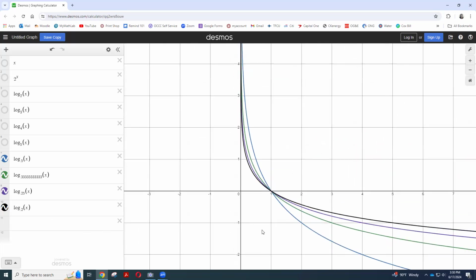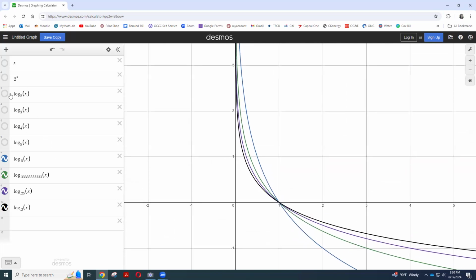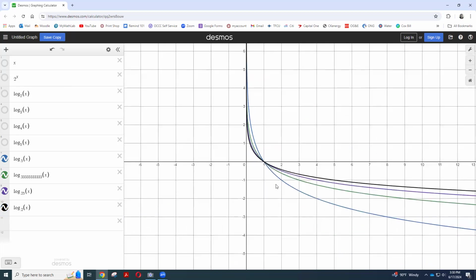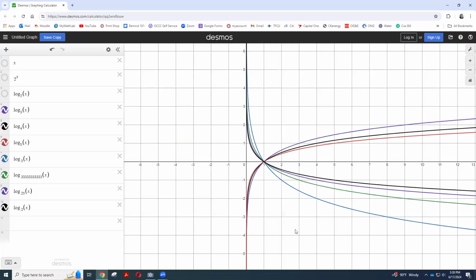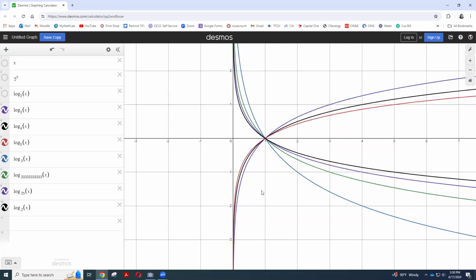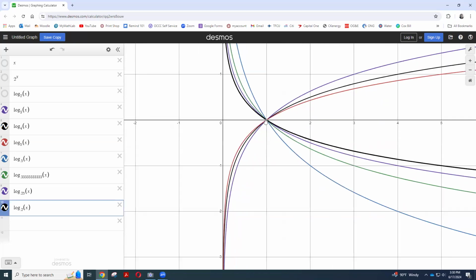Again, they all have the same things in common that all of these ones up here did with a base greater than 1. They all still have an x-intercept at (1, 0), and they all have a vertical asymptote at x equals 0. And so if I click all of them, no matter which type of graph we have, you have an x-intercept at (1, 0) and that vertical asymptote right here at x equals 0.